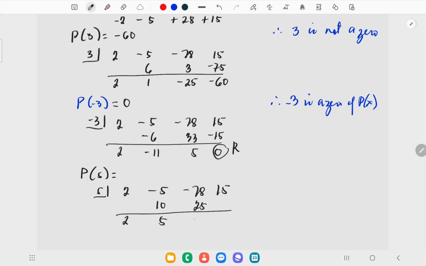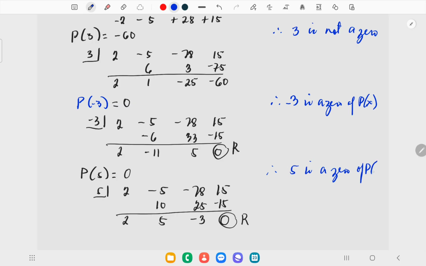Negative 28 plus 25 is negative 3. Negative 3 times 5 is negative 15, giving us a remainder of 0. Since the remainder is 0, we can also say that P of 5 is equal to 0. Thus, our conclusion, 5 is a zero of P of x.